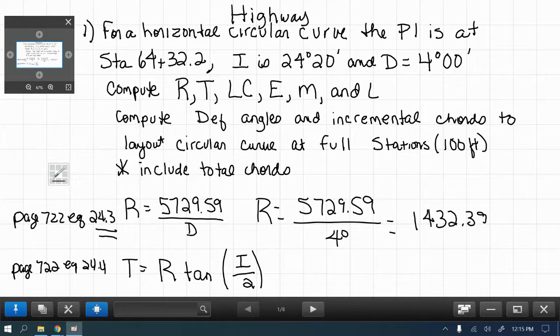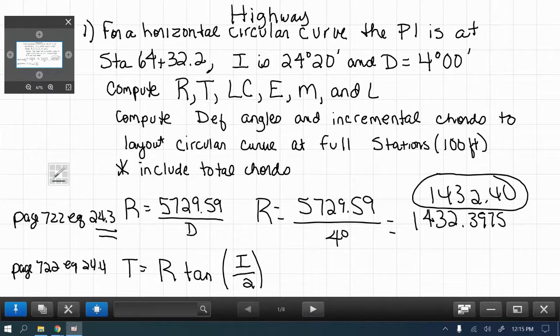And since there aren't any seconds for this particular one, I could just have divided it by 4. It would actually round up to 40 because I got 0.3975. So I'd say 14.